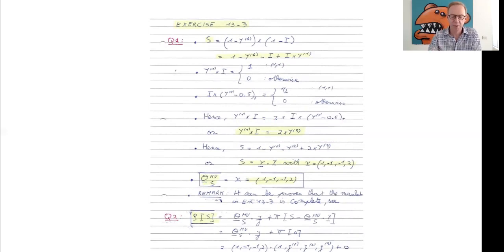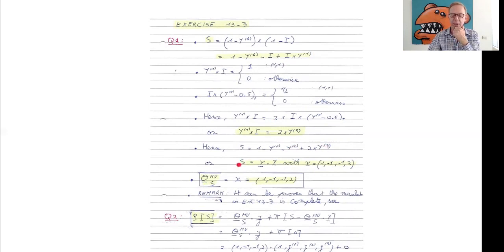Hence, we have an expression for S, which can be rewritten as 1 minus Y1 minus Y2 plus 2 times Y3.